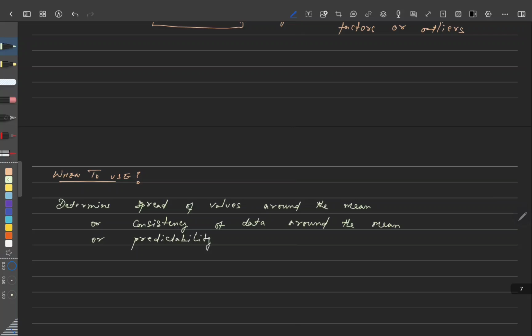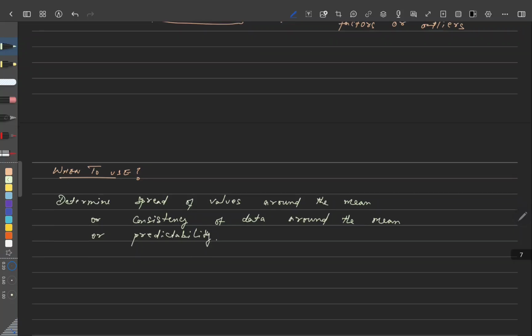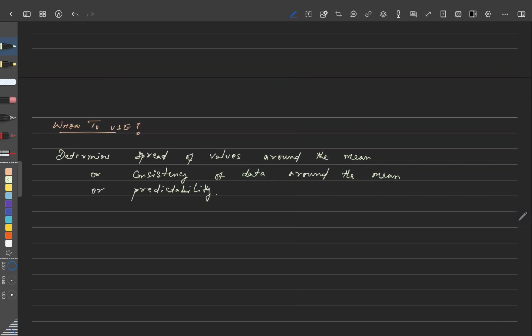So predictability has a lot more nuances to it, but in very, very simple terms, you can, if the data set is not very complex.